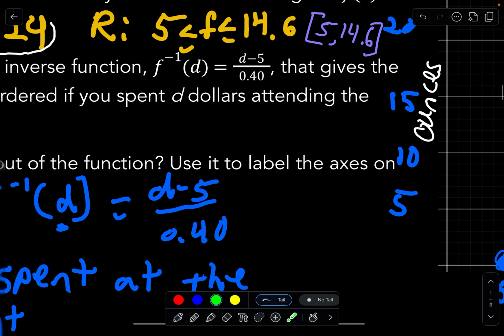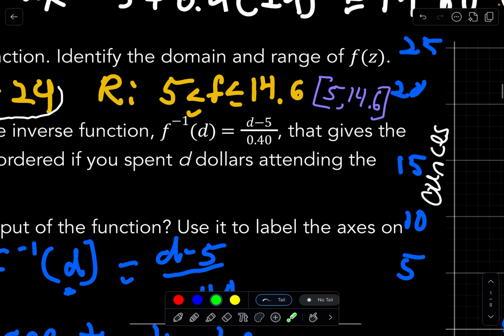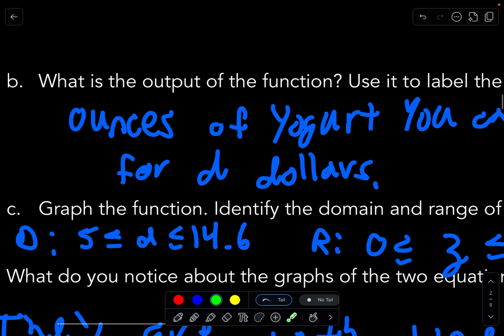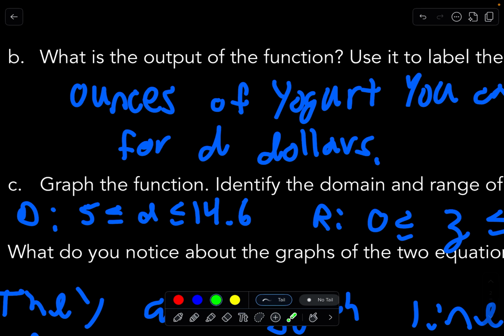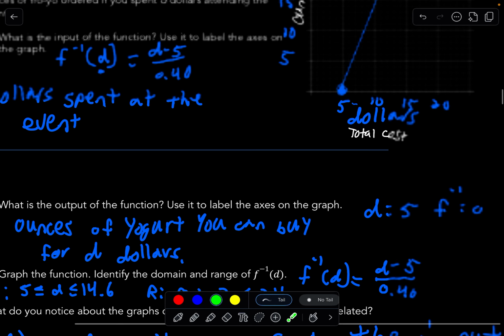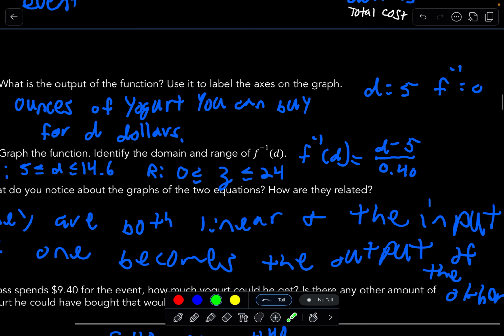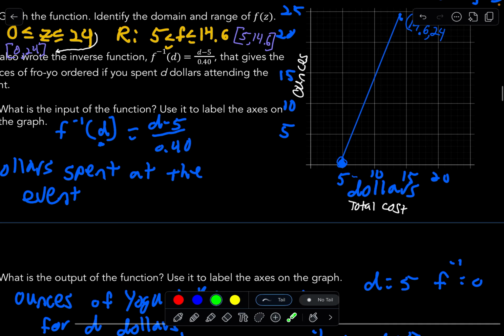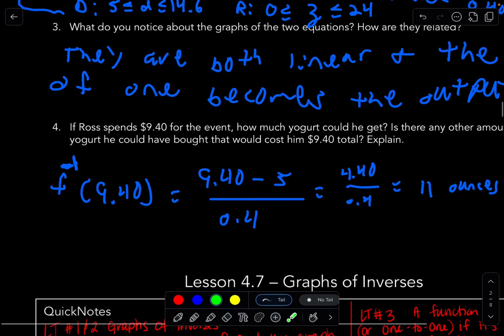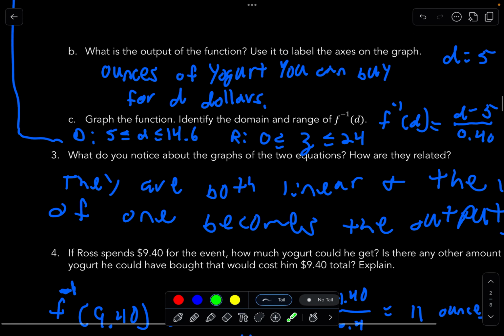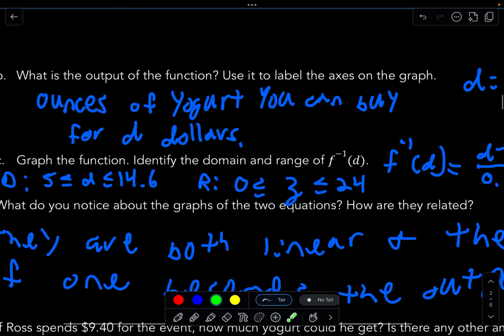Now, where are we? So notice the domain is from 5 to 14.6, and the range is from 0 to 24. So it's right there.